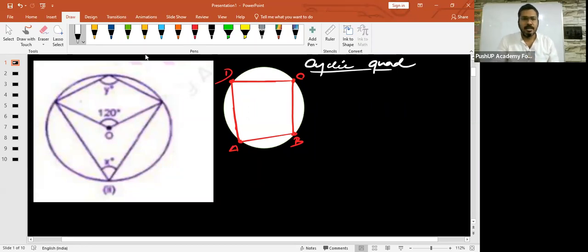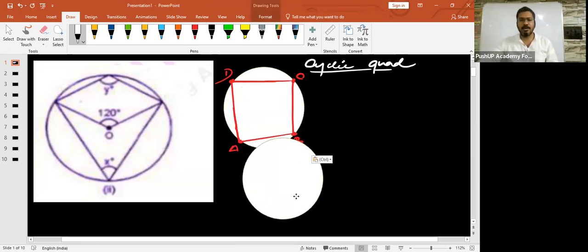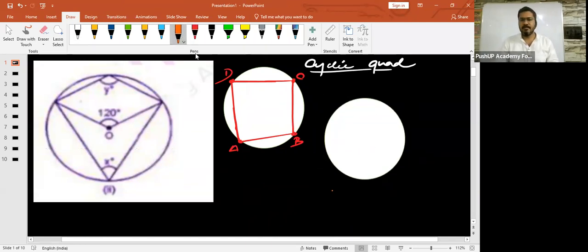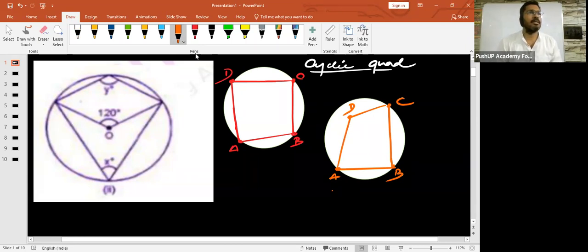Okay, so children, I will give you a question here. Tell me whether it could be a cyclic quadrilateral or not. This is my question. I have a circle. Point A is here, point B is here, point C is here, point D is over here. And I'm connecting A to B, B to C, C to D, and A to D. Is it a cyclic quadrilateral?